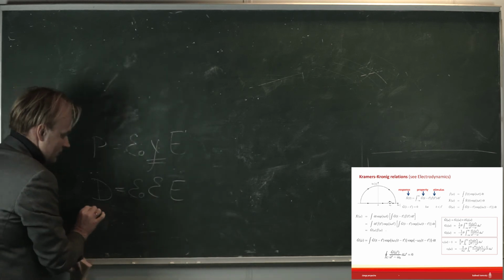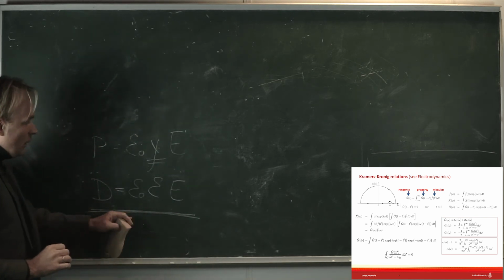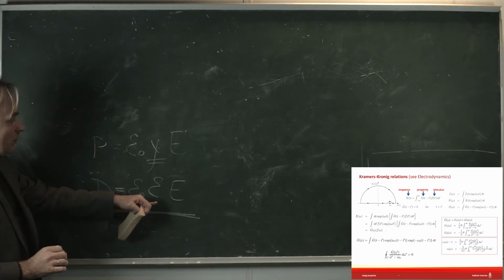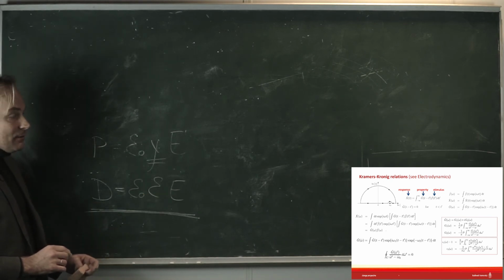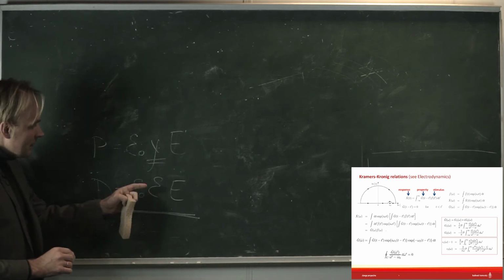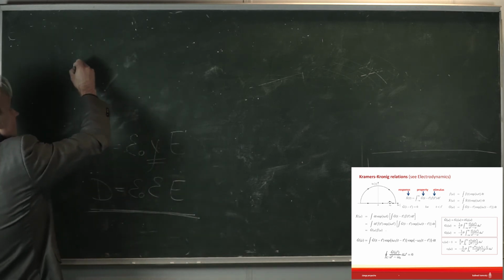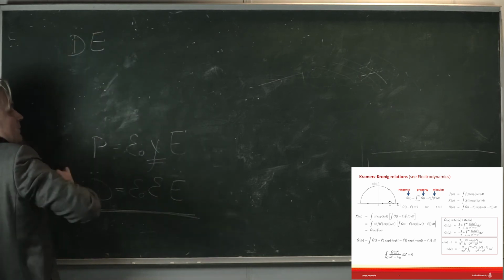And in order to demonstrate this better, we can try to see what would happen if we try to apply the Kramers-Kronig relations to the quantity epsilon. So imagine that I'm now talking about this product.